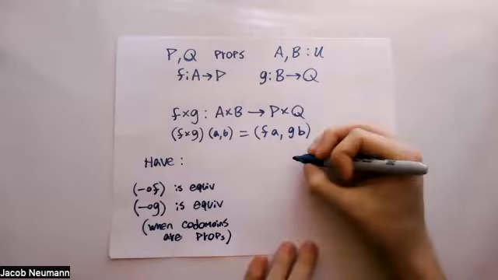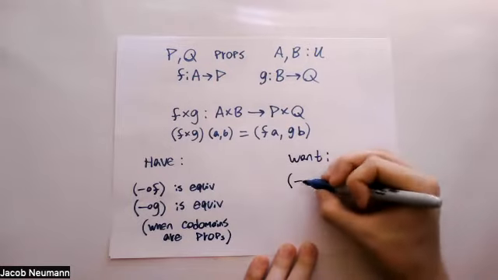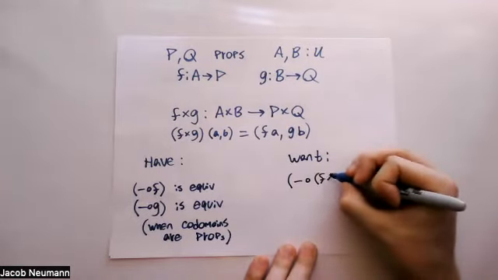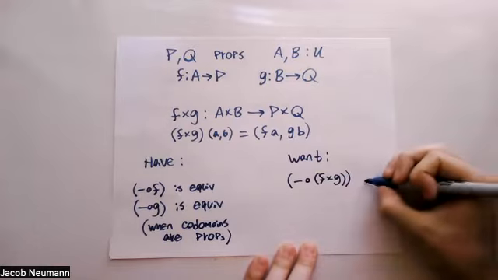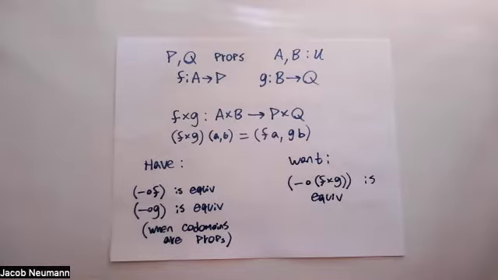And what we want is that precomposition by F times G is an equivalence when the codomains are propositions. Okay, everyone understand the statement? All right. So let's go ahead and get into doing it.